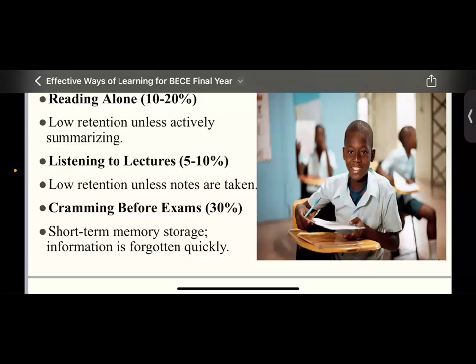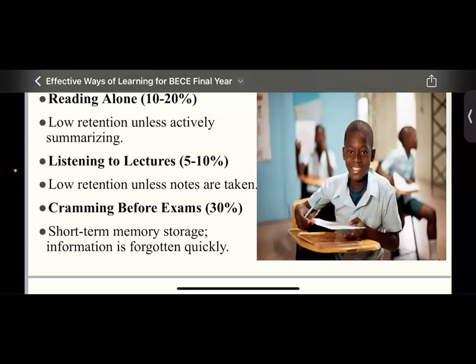Unless that child is very gifted and is more of an auditory learner, where they are good at hearing, that child can increase this chance to about 20, 30, to the extreme 40%. But if you're a normal student like myself or any normal student, the retention rate is only 5 to 10%.